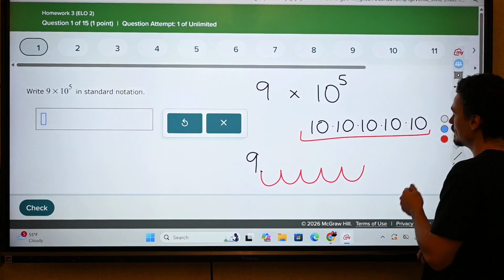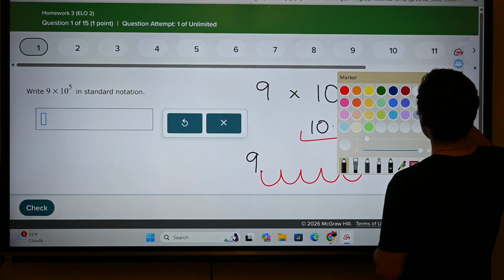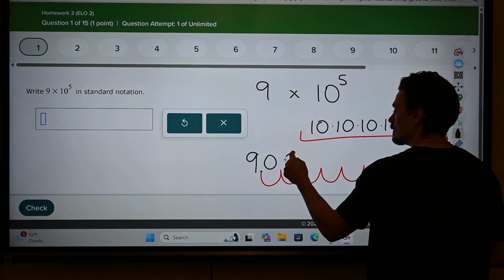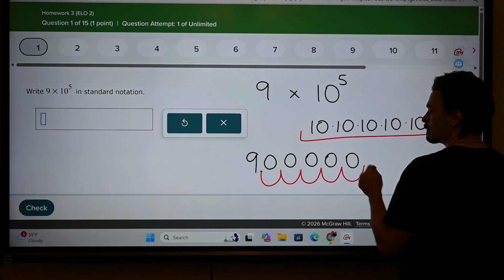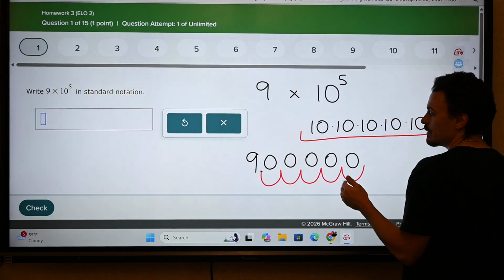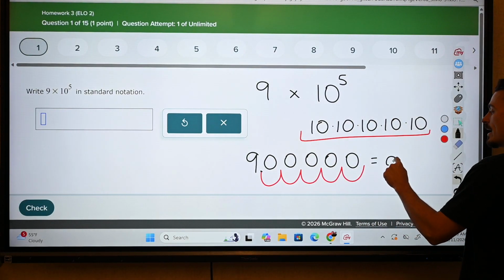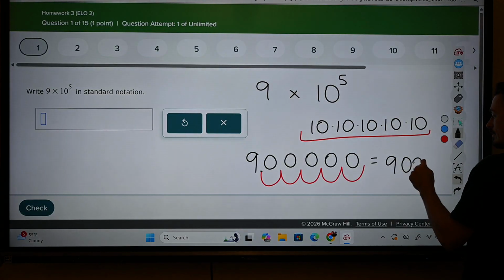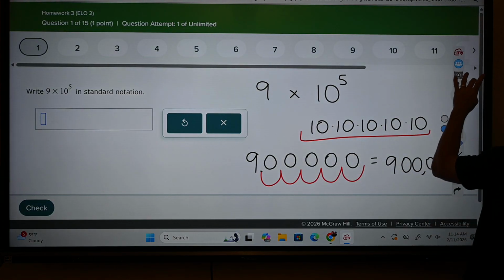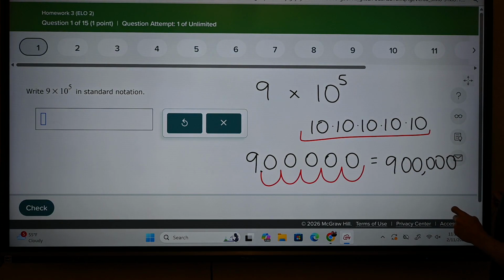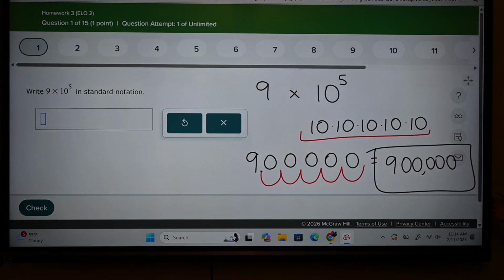In these missing spots, you put zeros. So this number right here is equal to 900,000. I hope that makes sense.